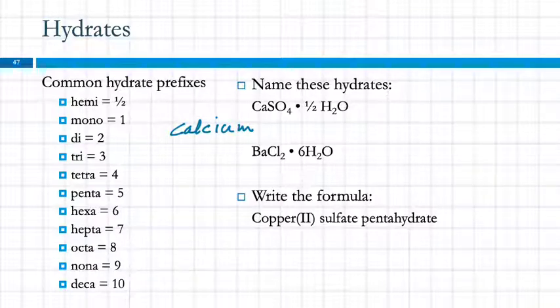And then the rest of that, after the Ca, the SO4, sulfate. And how do we know that? Because we memorize it. Because I said so. Then there's the dot, and the prefix for half is hemi. It's just like right over here. Hemi. And then for the water part, hydrate.